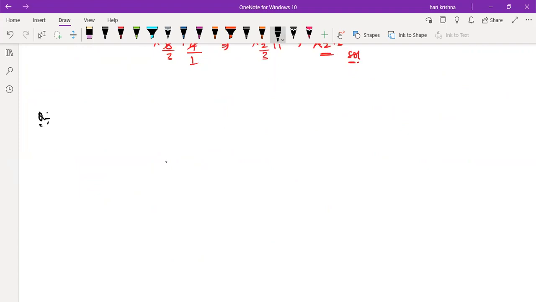Write the formula of the compound in which Y occupies the CCP lattice and X occupies two-thirds of octahedral voids.